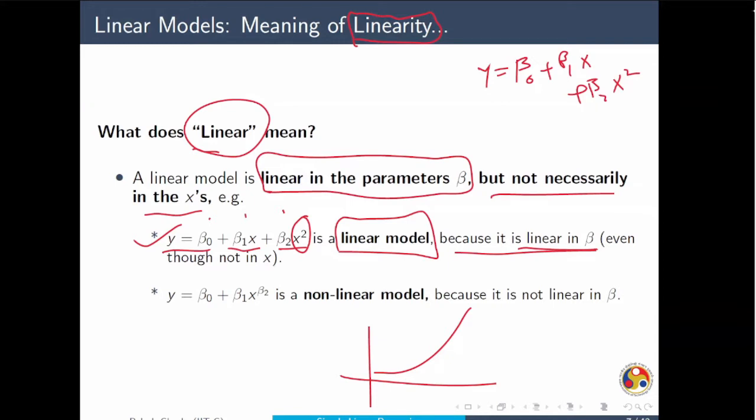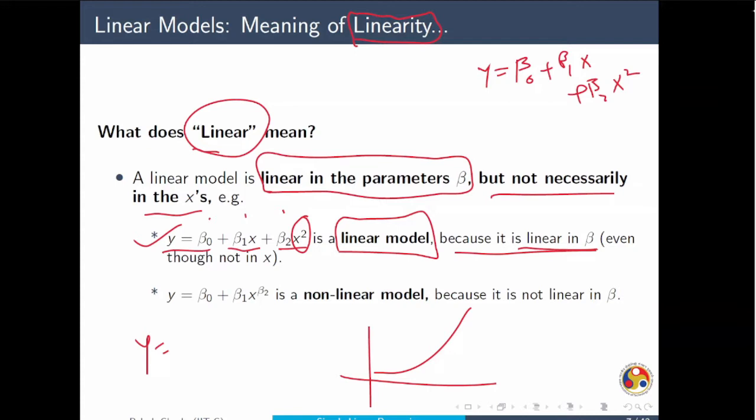Sir, I have one more question. What about the interaction, like if we have the product of beta 1 and beta 2, which usually happens in multiple linear regression where we examine interactions? Would that be linear or non-linear?